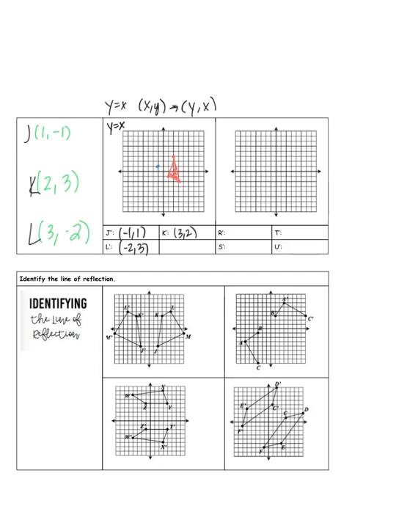So negative 1, 1, 3, 2, 2, 3, 1, 2. It's okay that it's kind of overlapping because it's flipping across this line. So that would make sense that that one goes there. Okay. And then the last one is negative 2, 3.